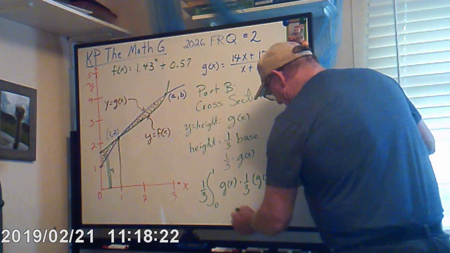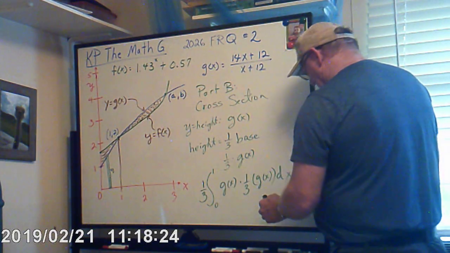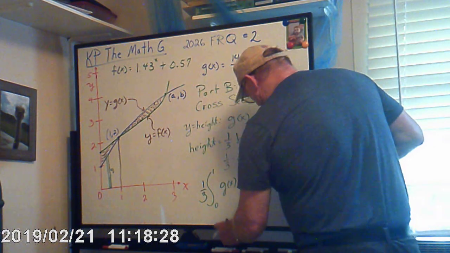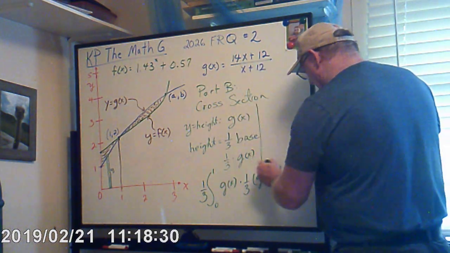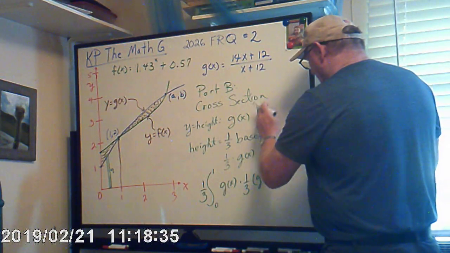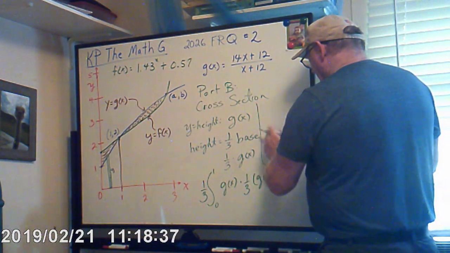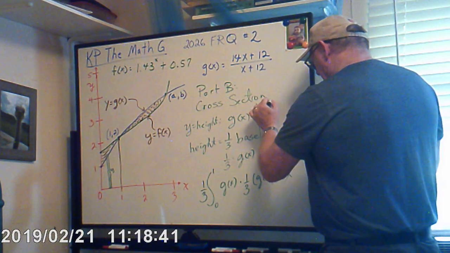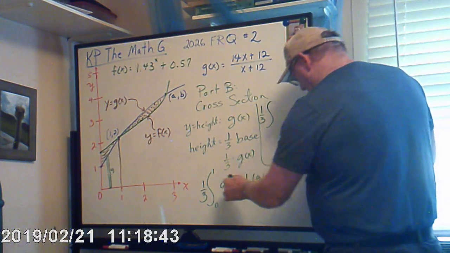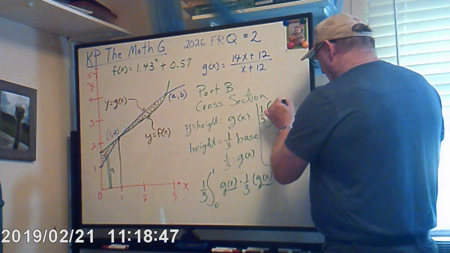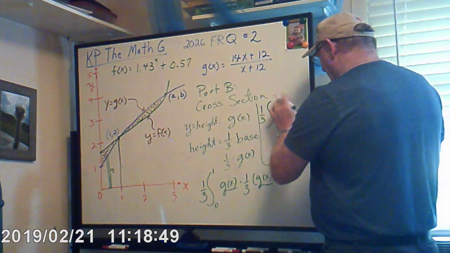Well, I could have done it. Let's see if I can. I'll put it over here. So it's actually from 0 to 1, 1/3 on the outside. Alright. 1/3 g at x times g at x is g squared at x, or g at x.